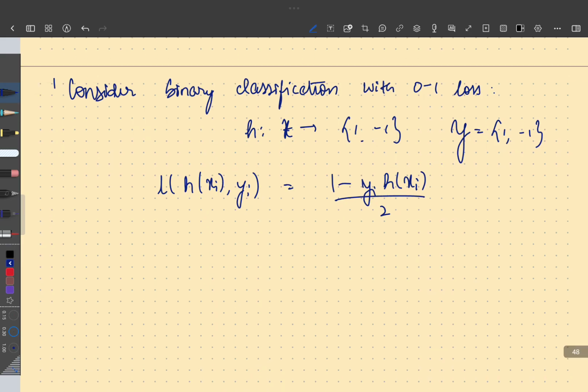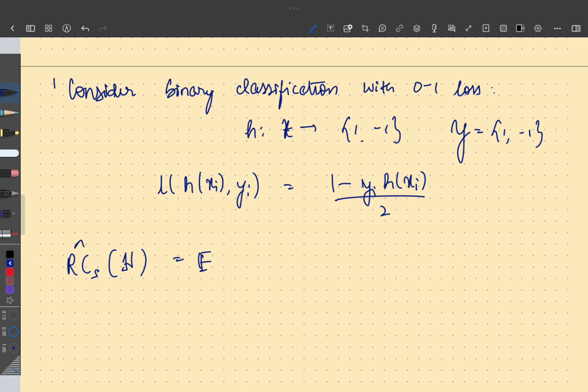So for this binary classification, using this particular representation, I can simplify and get a slightly neater representation. Let's start with the empirical Rademacher complexity.